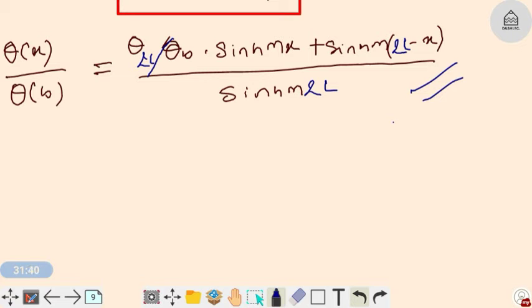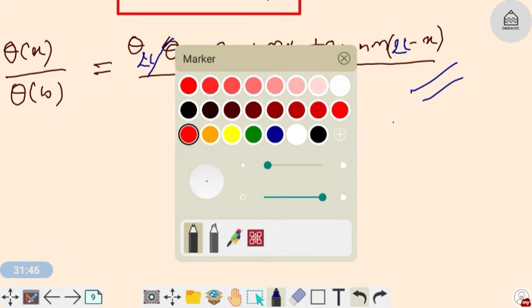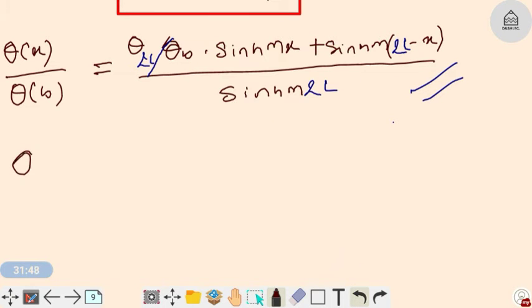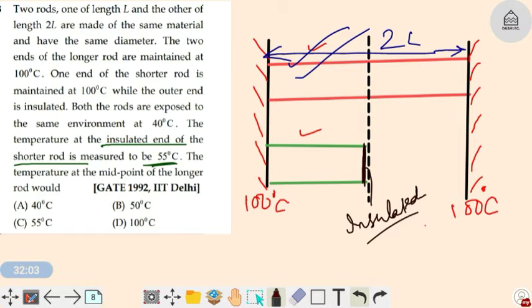Now if I put x equal to 2L in the expression for theta x divided by theta b, it will be equal to theta 2L. What is theta 2L? See, here the temperature is 100 and here also the temperature is 100.